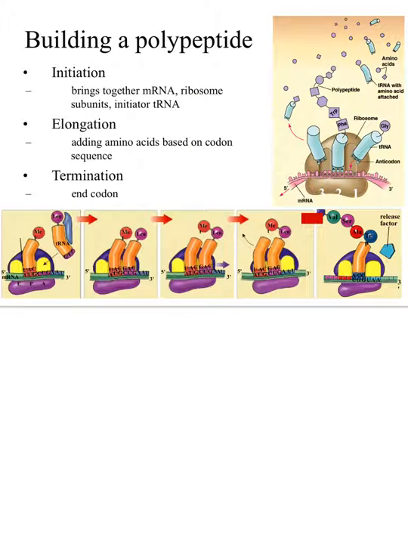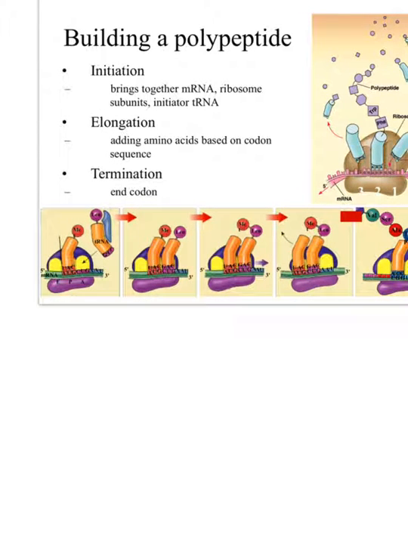All right, so how this works is we have initiation, elongation, and then termination. These are the 3 main steps. During initiation, our mRNA is going to bond to the 2 parts of the ribosome. You can see that right there. Then our first tRNA, which is right here, is going to come in through the T site, go past the A site and actually bond eventually to the P site.